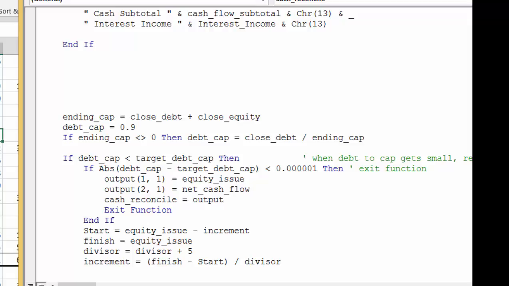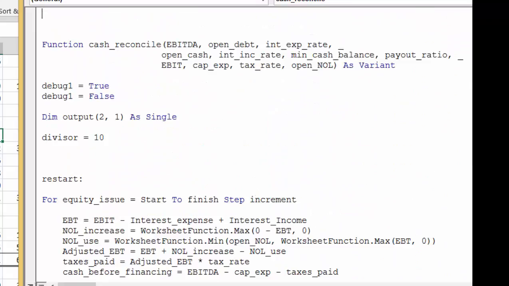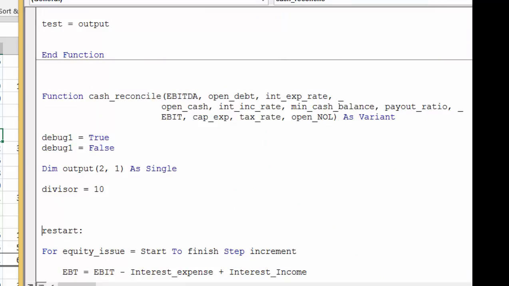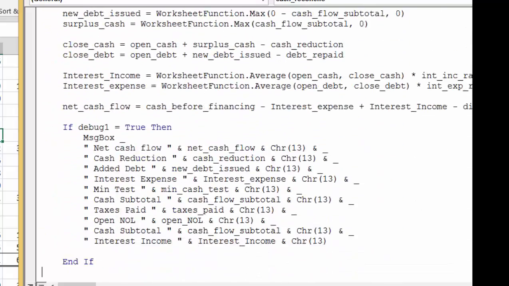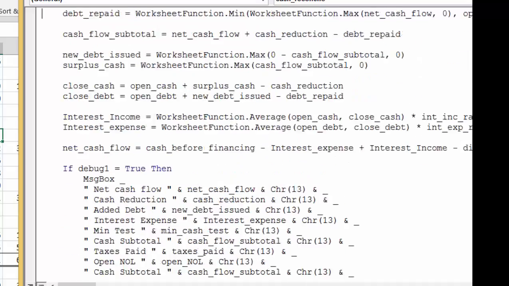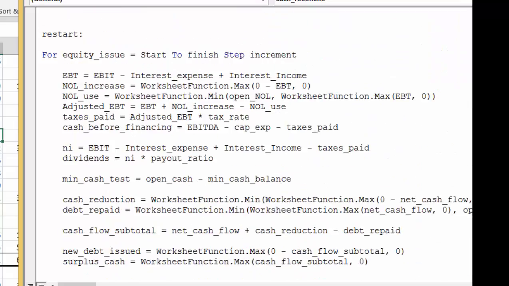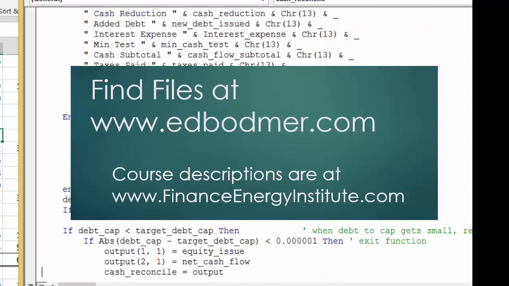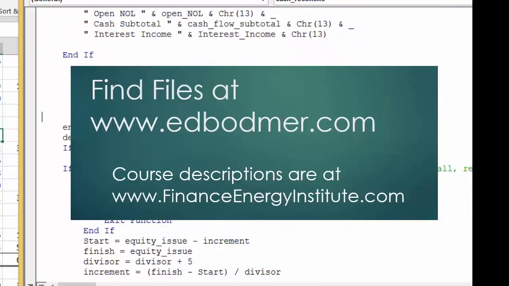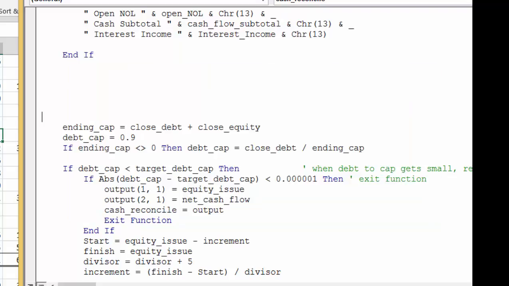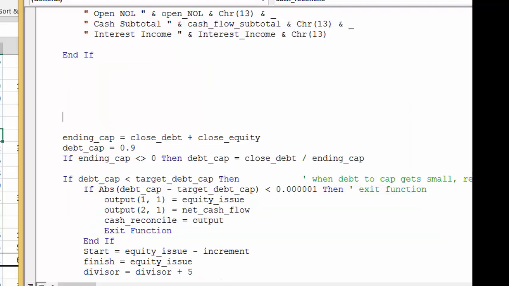Okay. Now the closing equity we don't have, do we? We do have the opening equity, and we have the net income and the dividends. We have the NI and the dividends here. So the closing equity equals the opening equity.